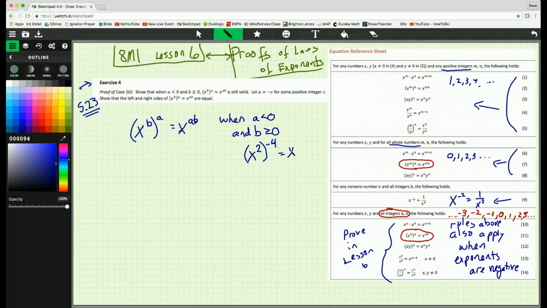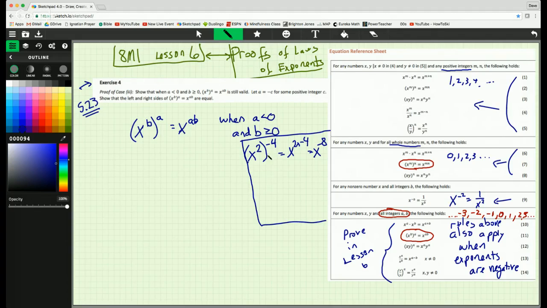We could just say x to the 2 times negative 4, or x to the negative 8. We could just multiply these two numbers. But right now we can't do that, because there's no rule above in rules 1 through 9 that says we can do this with negative numbers.